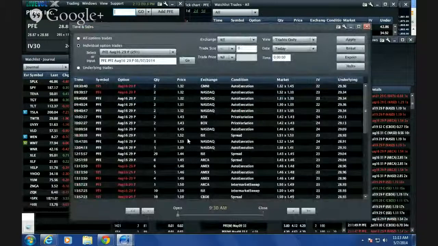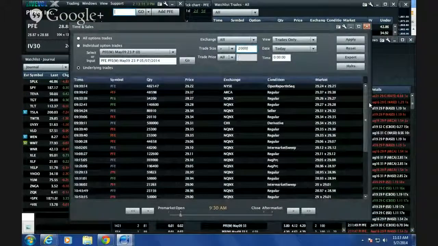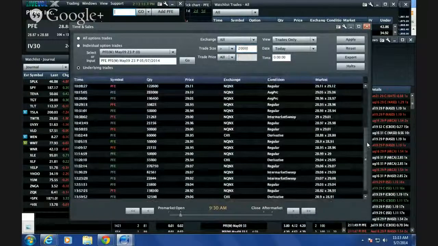Yeah, time and sales, and I was trying to see if that was done with stock, right? Which you can do on this platform. And as you can see right here, 11:26, this person did that with stock. So he sold that strangle, and he shorted 35,000 shares of Pfizer at 29.34.